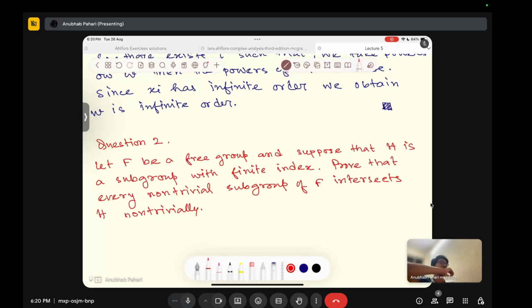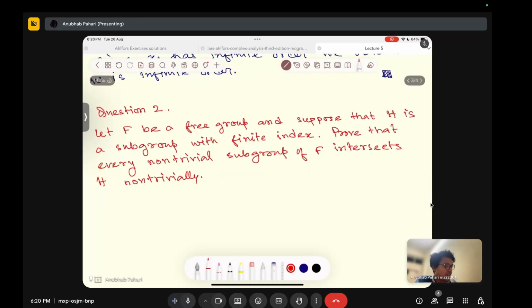So this actually uses symmetric groups also a little bit. Okay, let's try to solve this.